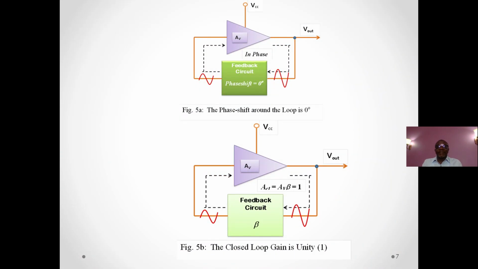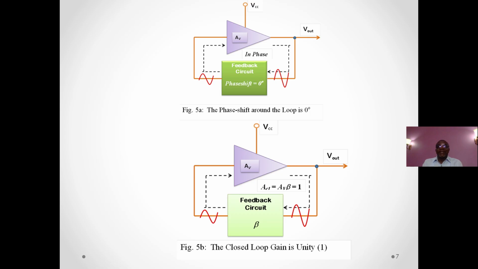And if you look at the circuit there, you see that the amplifier, which has a gain, AV, represents the oscillating circuit, and it gives an output V out. Now, a part of this V out is fed back through the feedback circuit or the feedback loop.